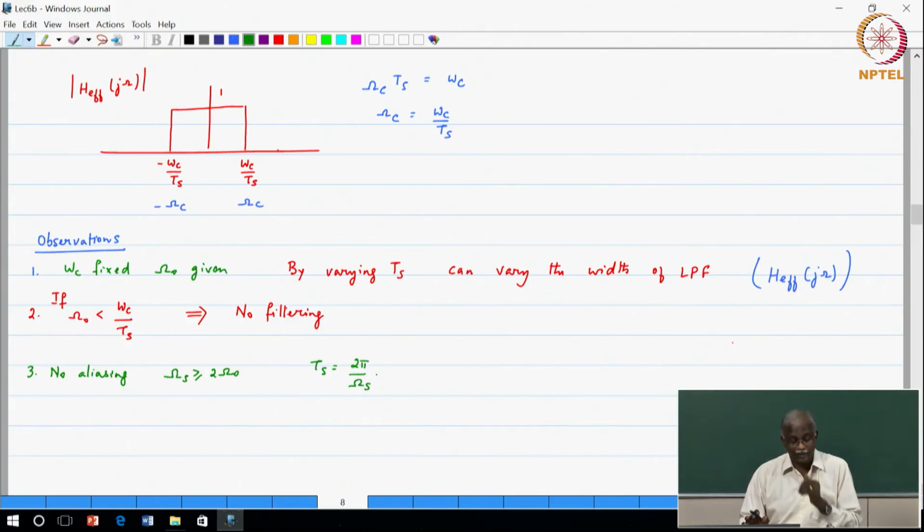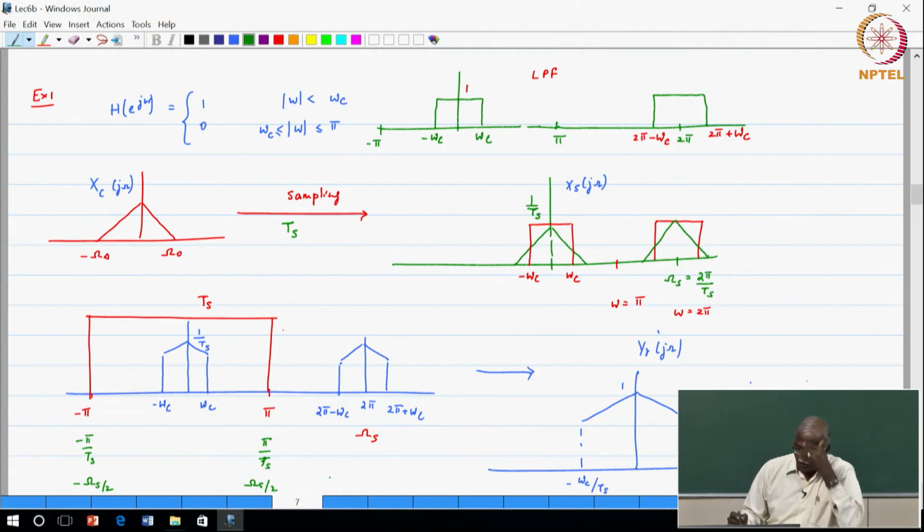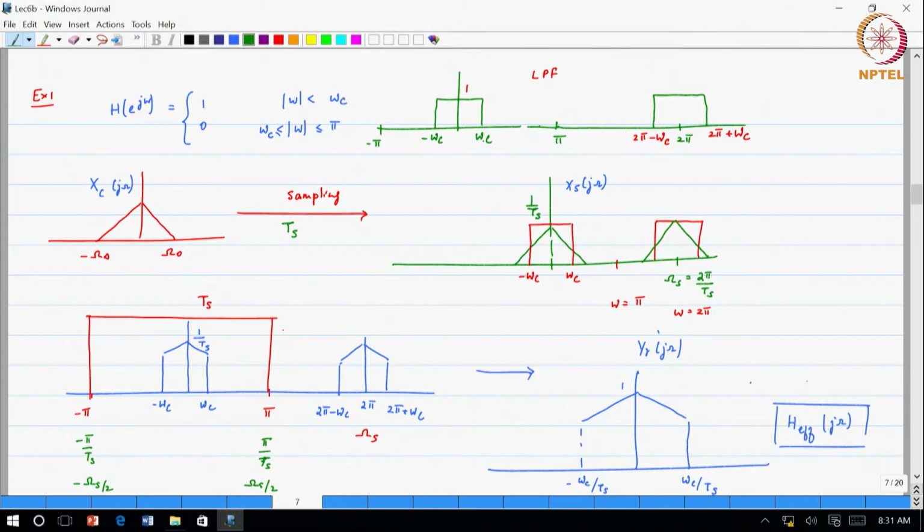So, this is very clear, but I want you to think about what this means in the discrete time. So, my discrete time filter is from minus omega c to omega c, right. That is my discrete time filter.